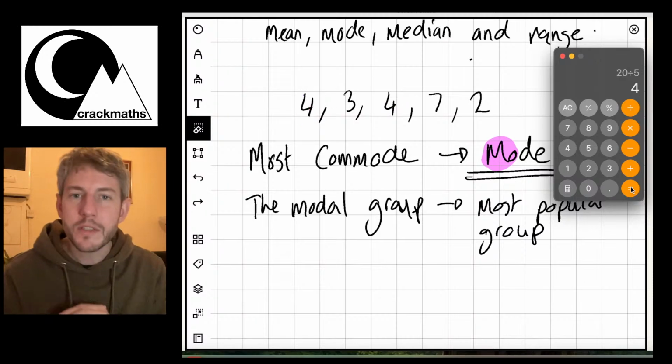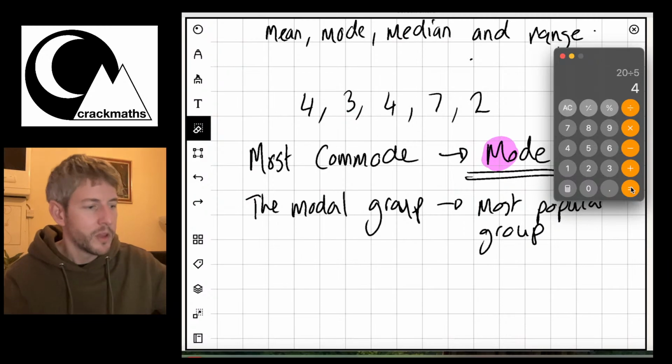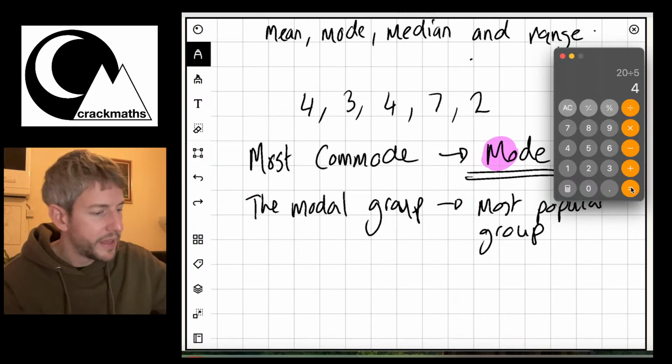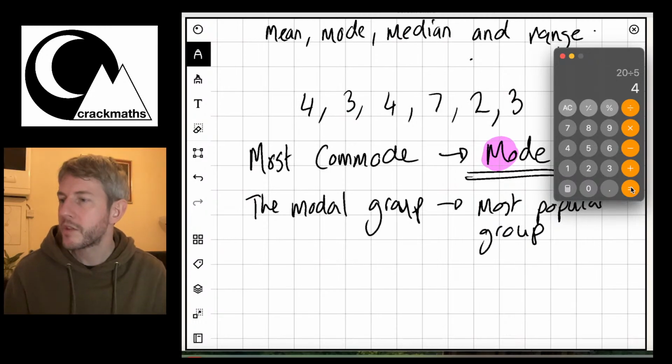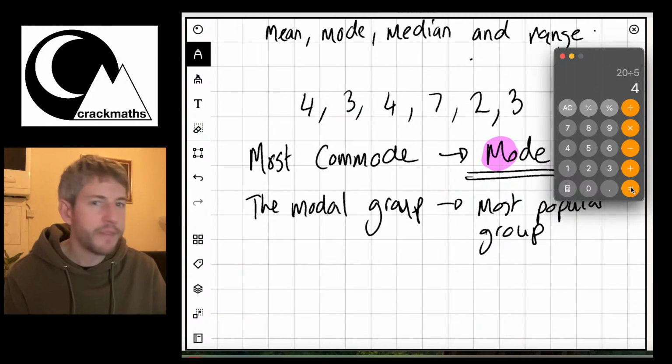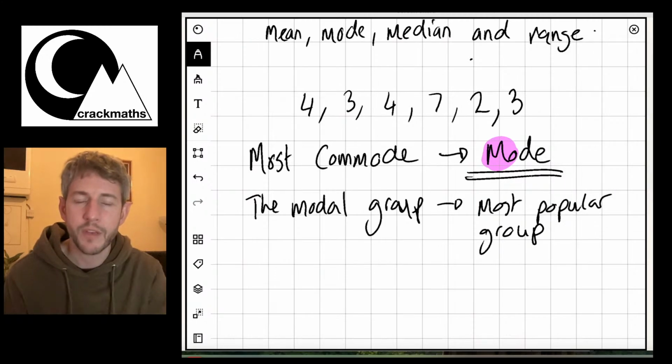There we go. I want to take you through an example of what happens when there's more than one most common item. So let's say I've got another 3. Now what we find is that there are 2 numbers that are the most common.